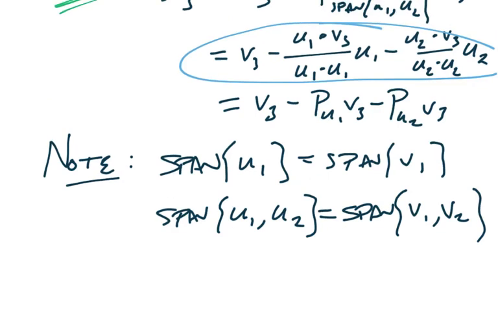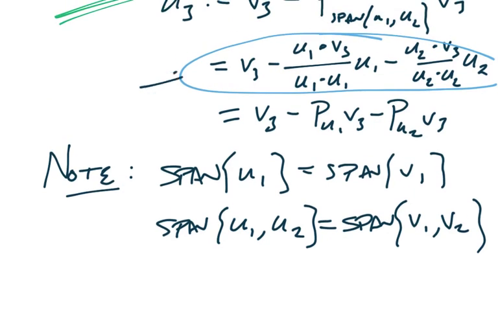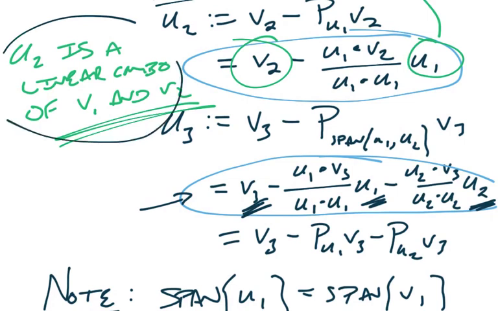And lastly, using this formula that I circled in blue here, we can see that u3 is a linear combination of v3, u1, and u2. But remember that u2 is a linear combination of v1 and v2.